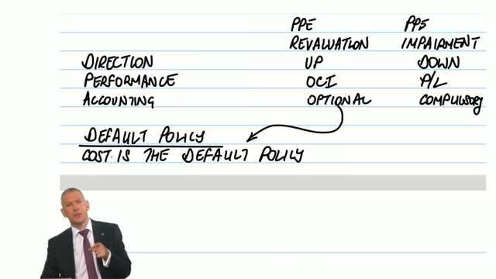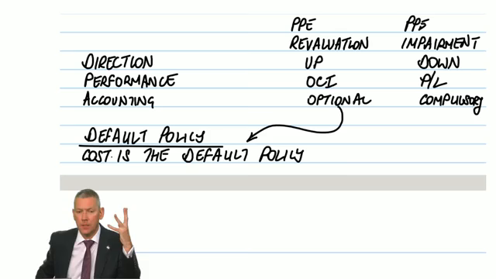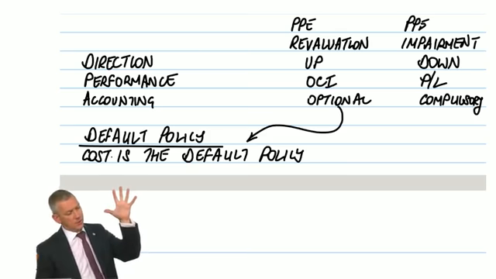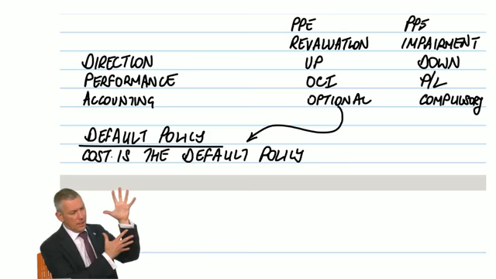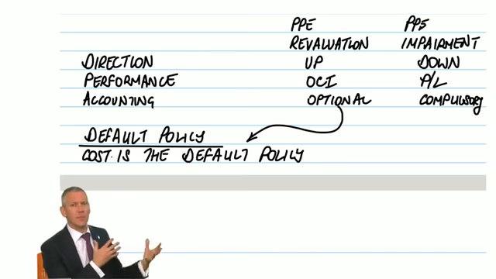The reason that cost is the default policy is because of what you're just seeing on depreciation. Depreciation, you take what you've got and divide by what you've got. The bigger the carrying value at the top, the bigger the depreciation. And what we're talking about in the examination all the time is big PLCs, made up big PLCs, and they're always trying to maximize their profit.